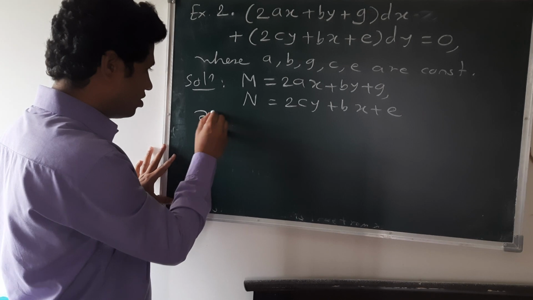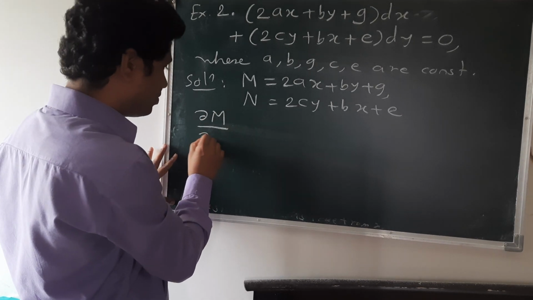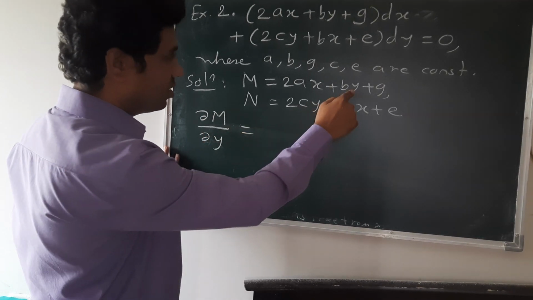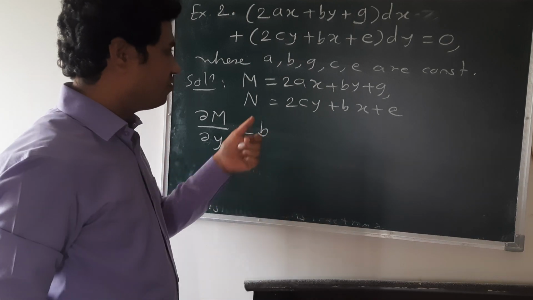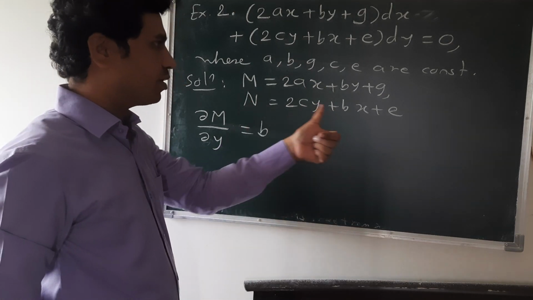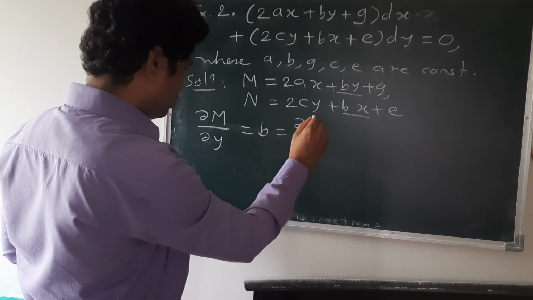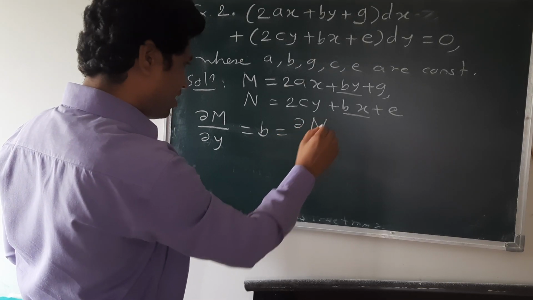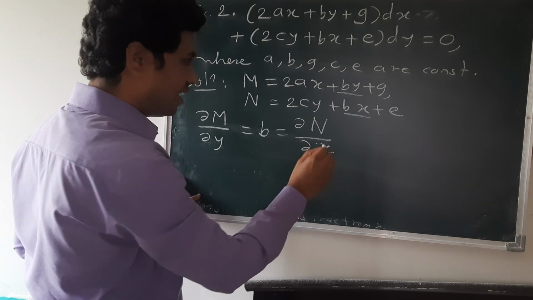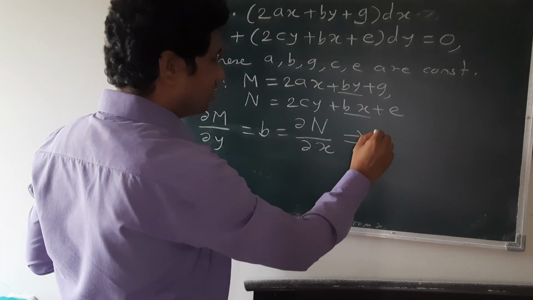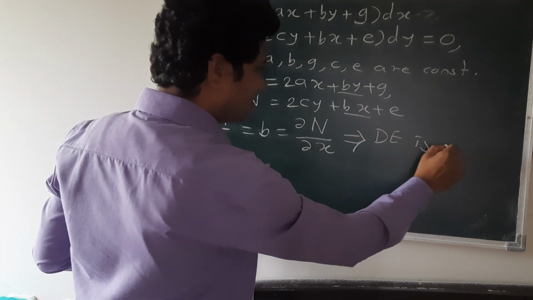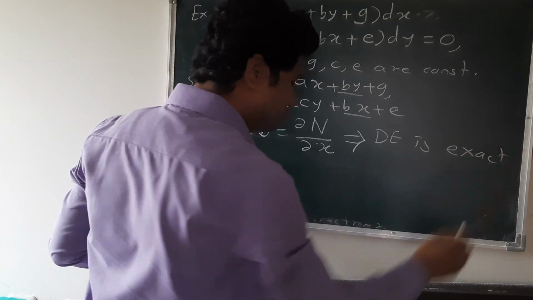So let us find out partial derivative of M with respect to y. It is b, and partial derivative of N with respect to x, it is again b. So ∂M/∂y is same as ∂N/∂x. This means given differential equation is exact.